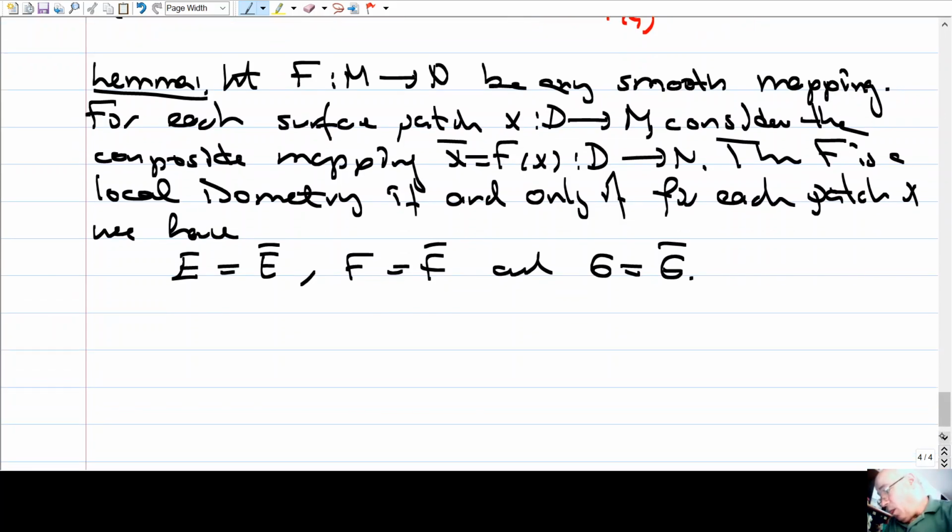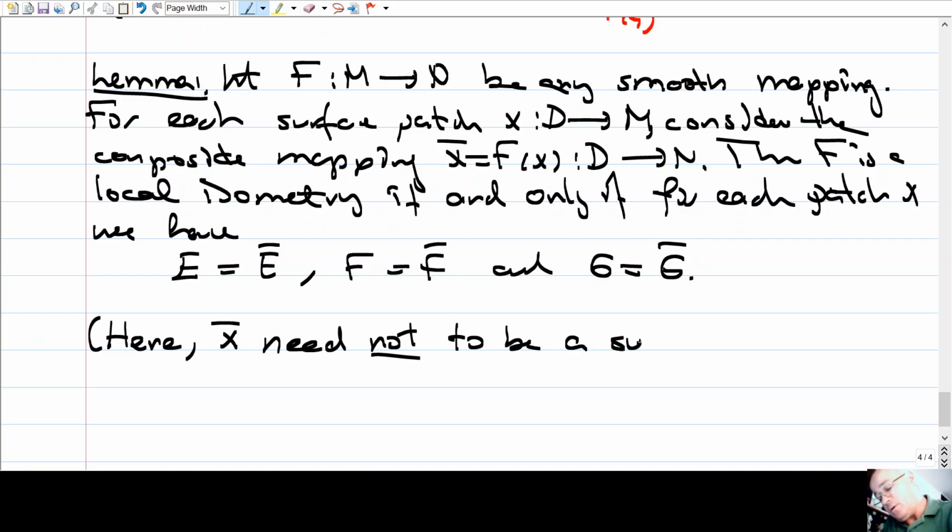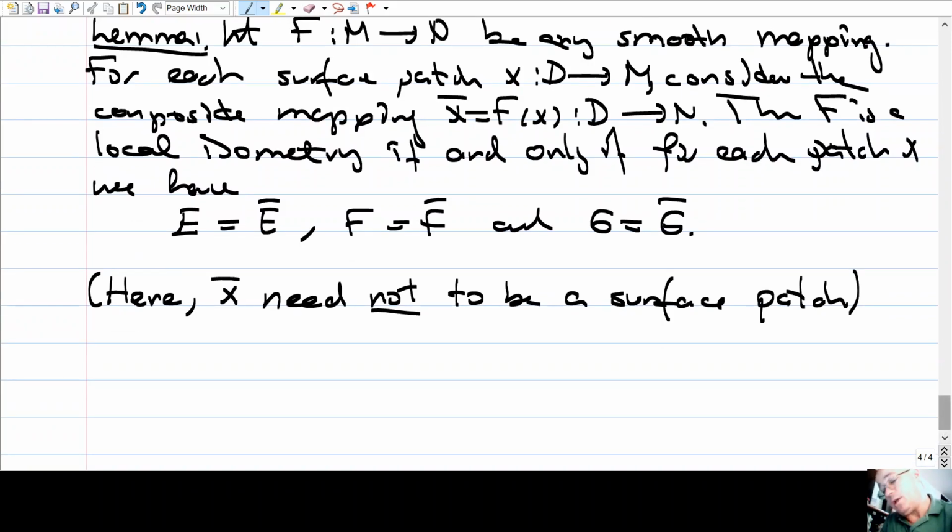Okay, here I should point out that x bar need not be a surface patch. Why is that? Because f doesn't have to be one-to-one, therefore x bar doesn't have to be one-to-one, therefore it doesn't have to be a surface patch.